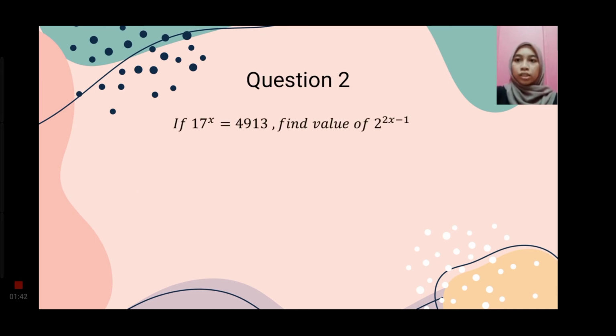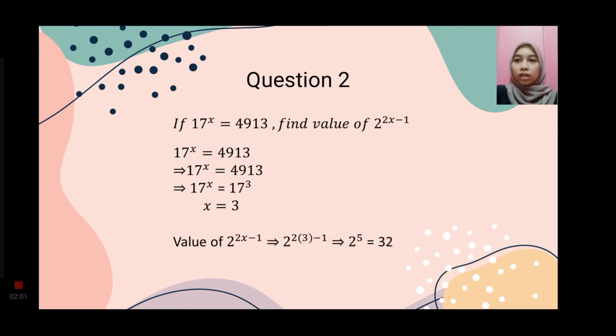This question asks, if 17 to the power of x is equal to 4913, find the value of 2 to the power of 2x minus 1. First thing first, we need to set in our mind that we need to find the x. So 17 to the power of x is equal to 4913.